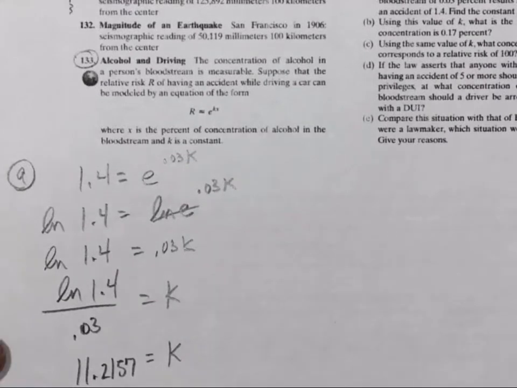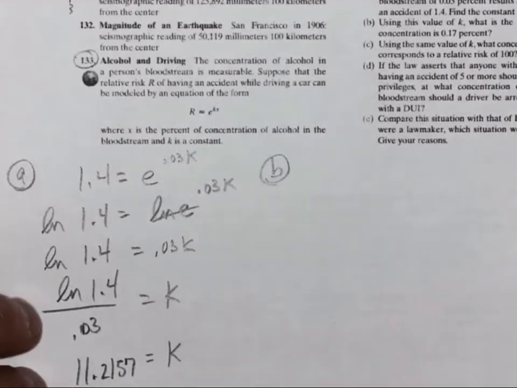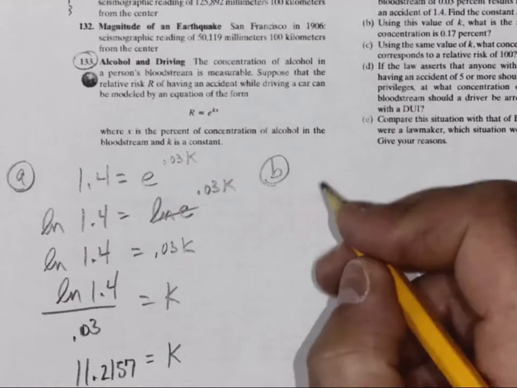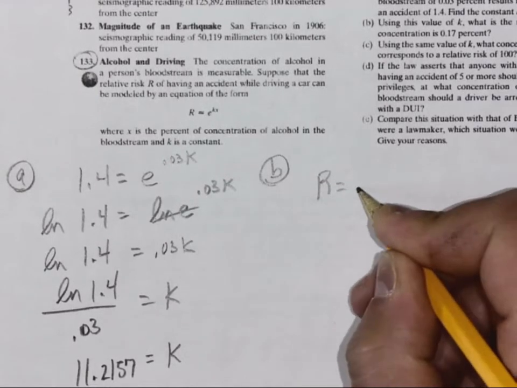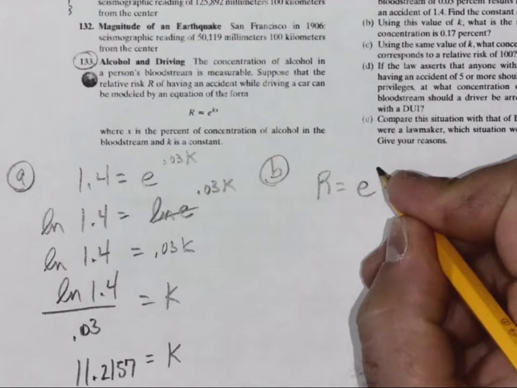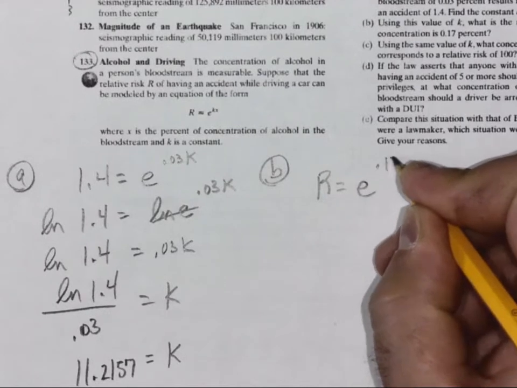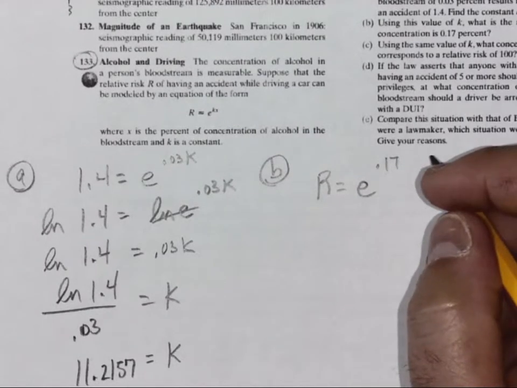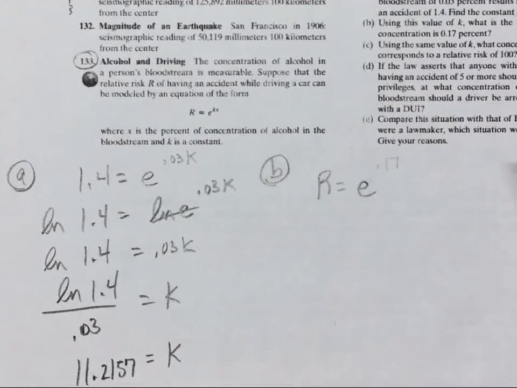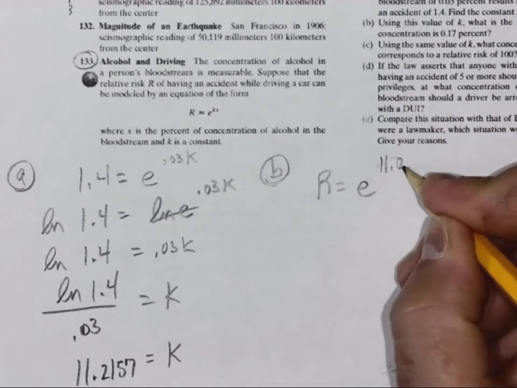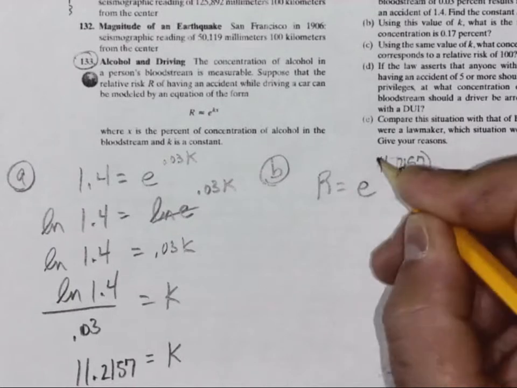And then the next question, B, says using this value of k, what's the relative risk if the concentration is 0.17%? So then we're finding R. So putting 0.17 in for x, we have now the value for k.